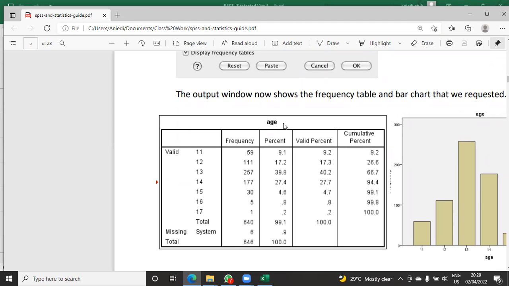It is computerized, but I'm telling you how to read whenever you see an analysis, how you can understand what the analysis is saying. So it's also saying that this is the percentage of each of the people that responded according to their ages.